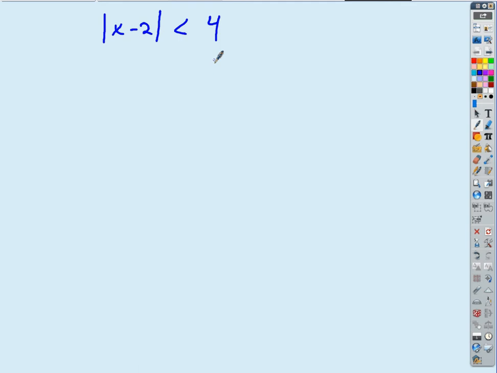You got to think back a little bit. Do like plus or minus? Well, if an absolute value is less than a number, do you remember that became a compound inequality? Right? That's like saying the argument of the absolute value has to be greater than -4 and less than +4. Does that make sense?